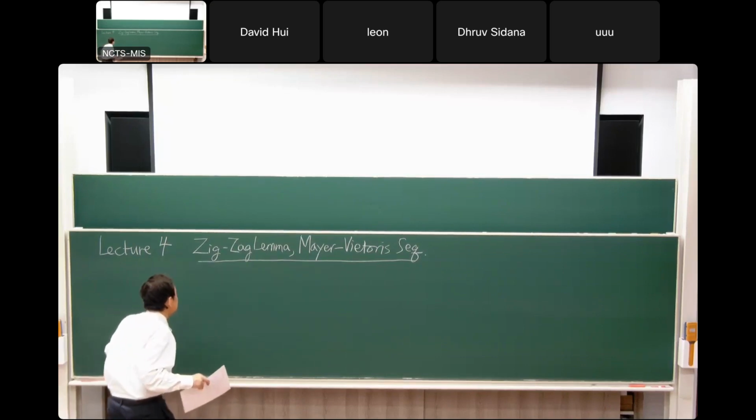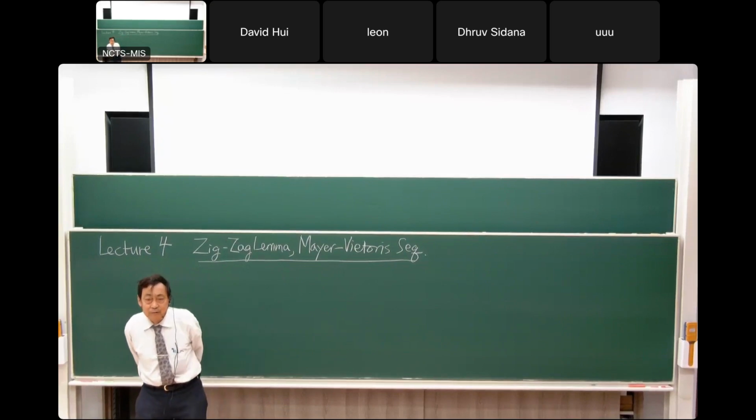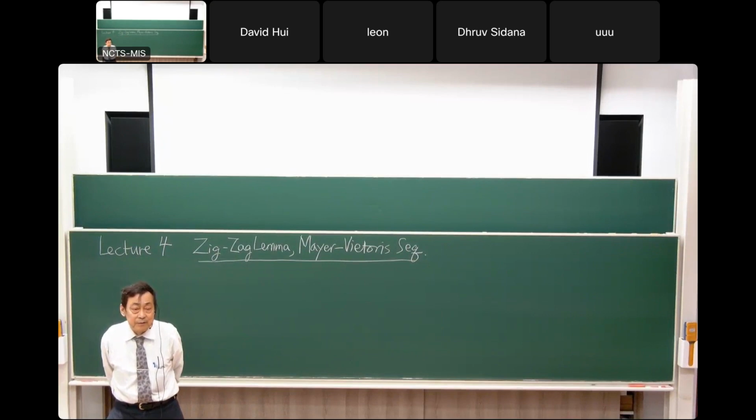So today I'm going to talk about the Zig-Zag lemma and the Mayer-Vietoris sequence in cohomology. So far, we have computed only a few cohomology vector spaces. We know how to compute the cohomology of the real line and an open interval, and that's about it.